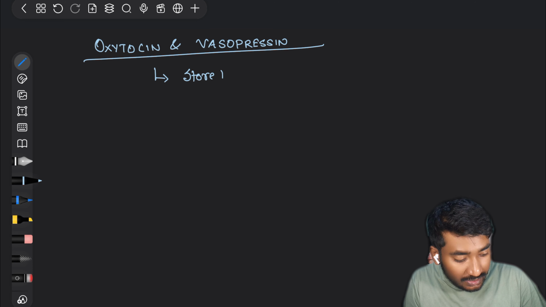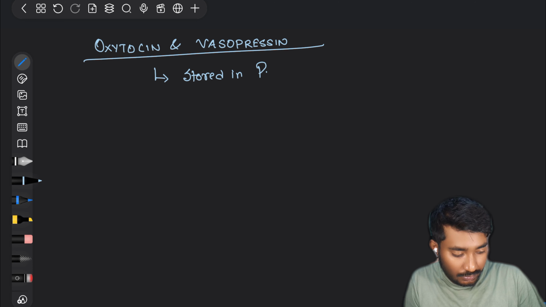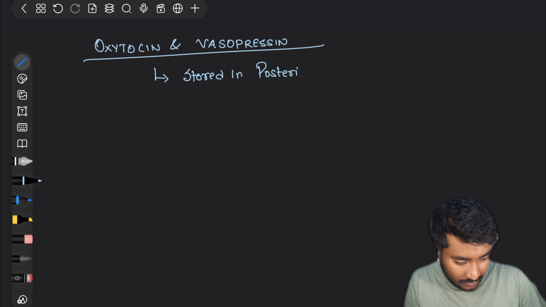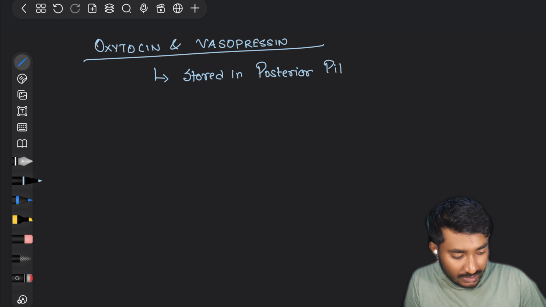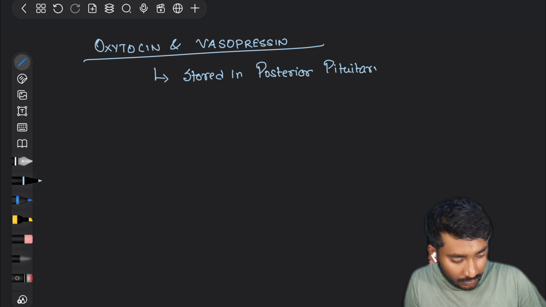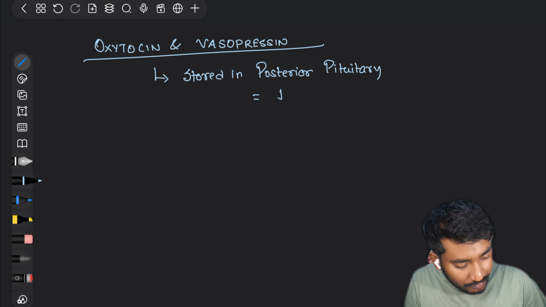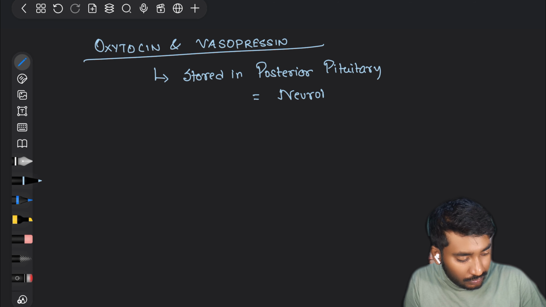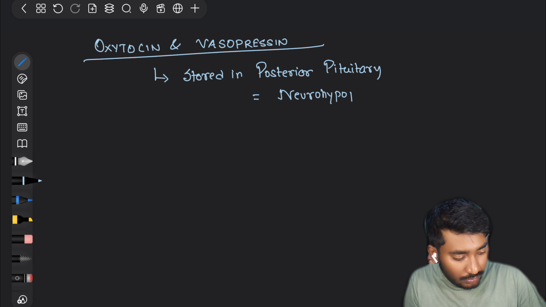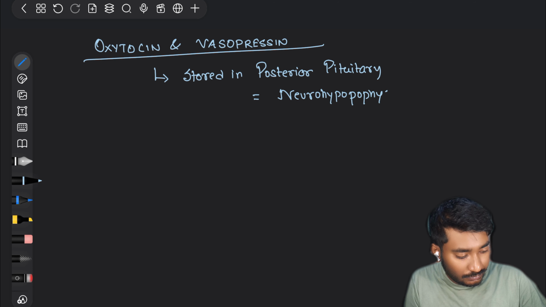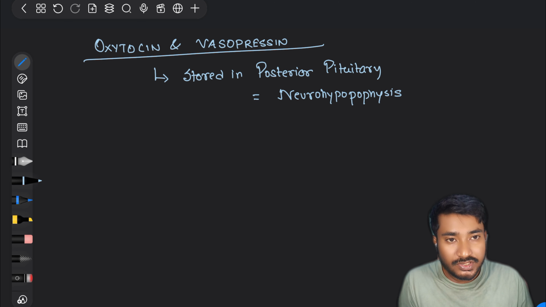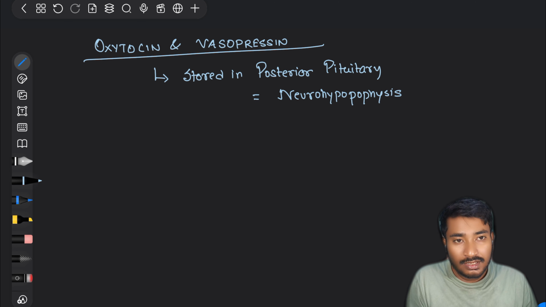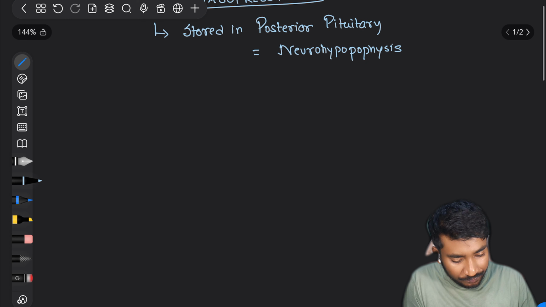Remember, it is stored in the posterior pituitary, or the neurohypophysis. So this hormone is released from the posterior pituitary, which is also called the neurohypophysis.